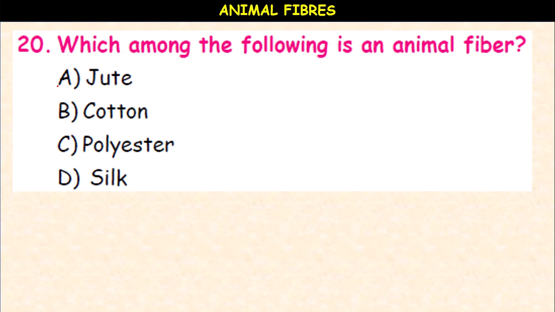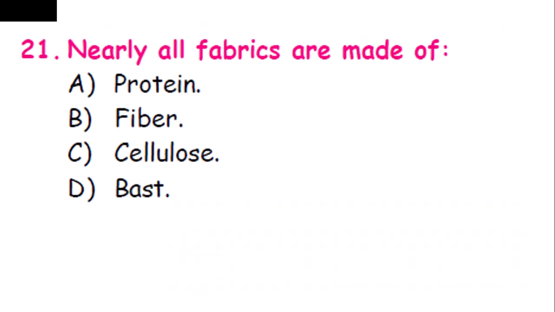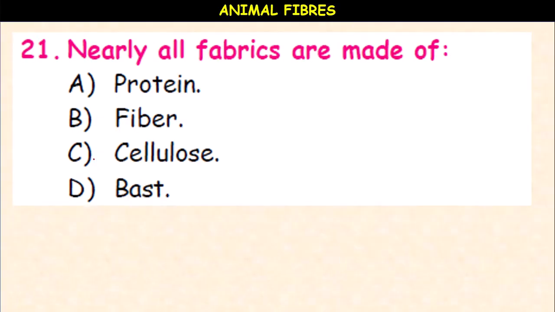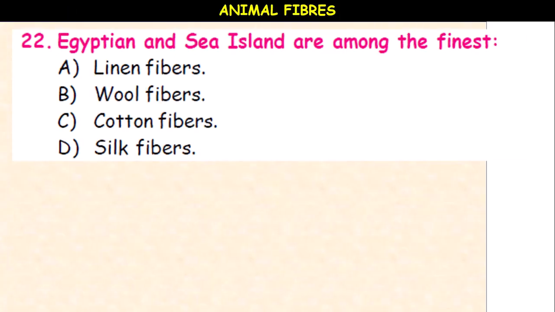Which among the following is an animal fiber? Jute, cotton, polyester, silk. Silk is an animal fiber. Nearly all fabrics are made of protein, fiber, cellulose, bast fiber. Egyptian and sea island are among the finest linen fibers, wool fibers, cotton fibers, silk fibers.